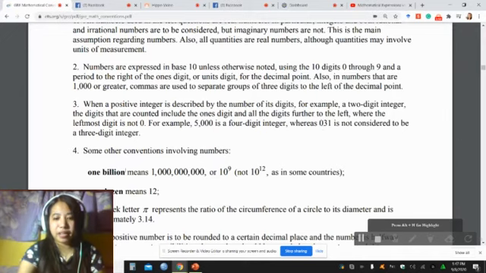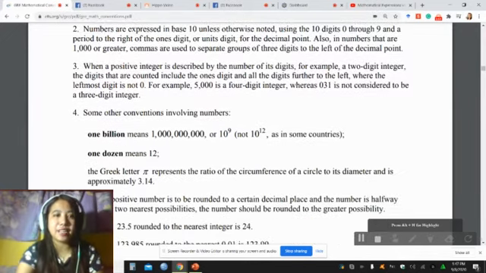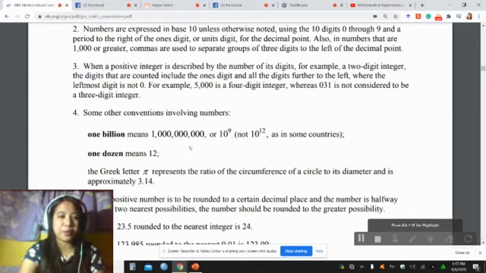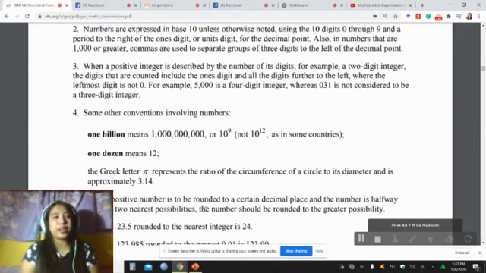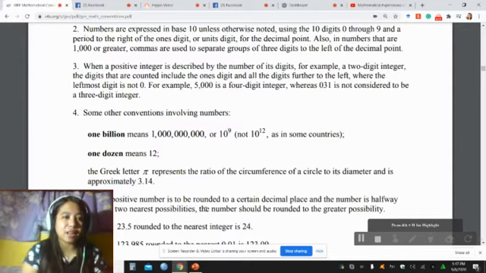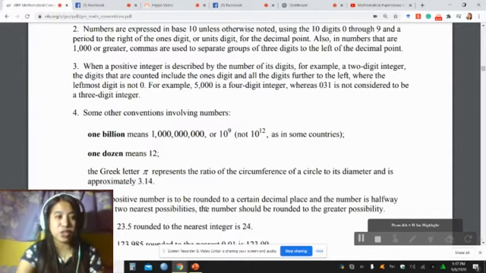And even in writing, for example, 1 billion is written with 9 zeros, and as we can see here, we have a comma after every 3 digits. This can also be written as 10 raised to 9. And we also know that when we say 1 dozen, that means 12.